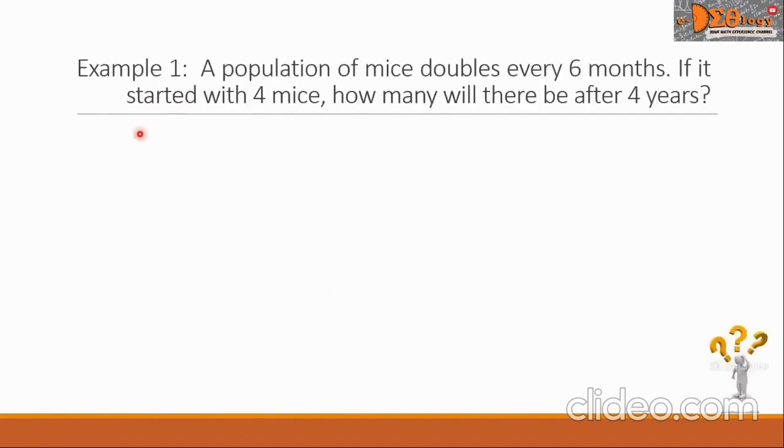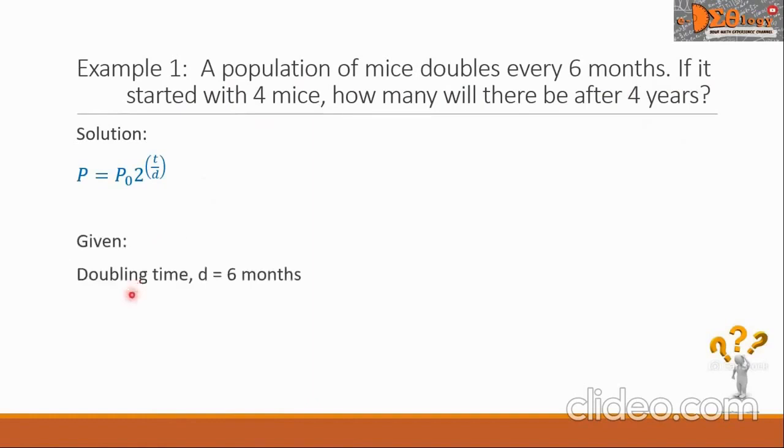Let's have this example 1. A population of mice doubles every 6 months. If it started with 4 mice, how many will there be after 4 years? For our solution, first let us write our formula, and then let us collect the given in the problem.